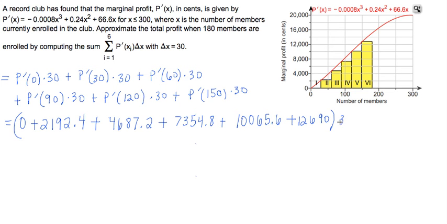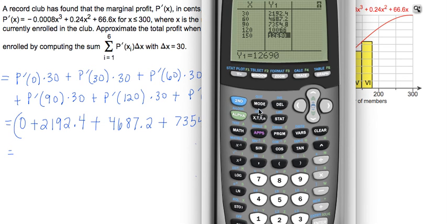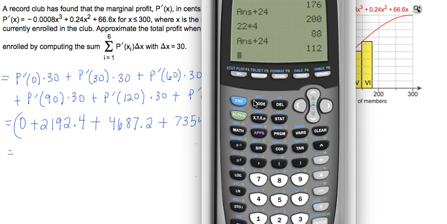Now I factored that width of 30 out, so it's all times 30. It just makes it easier to enter at this step where we have to go manually add all those up.